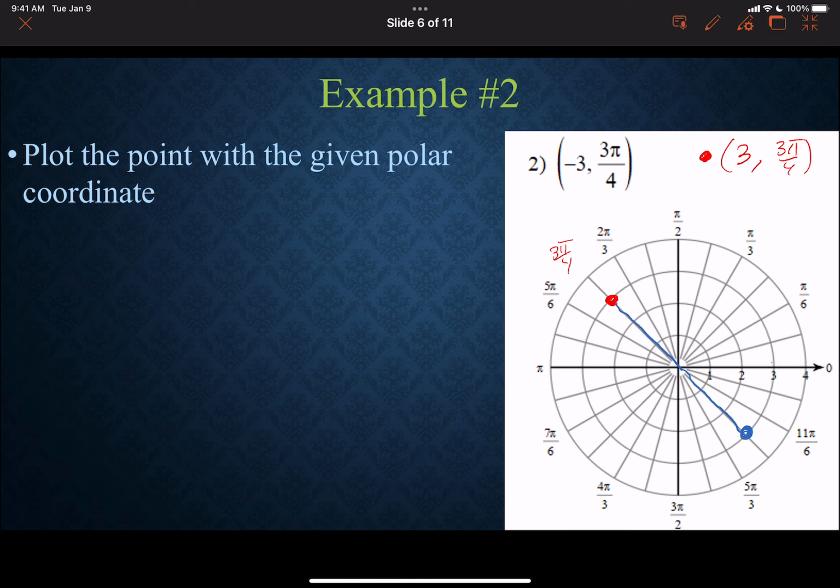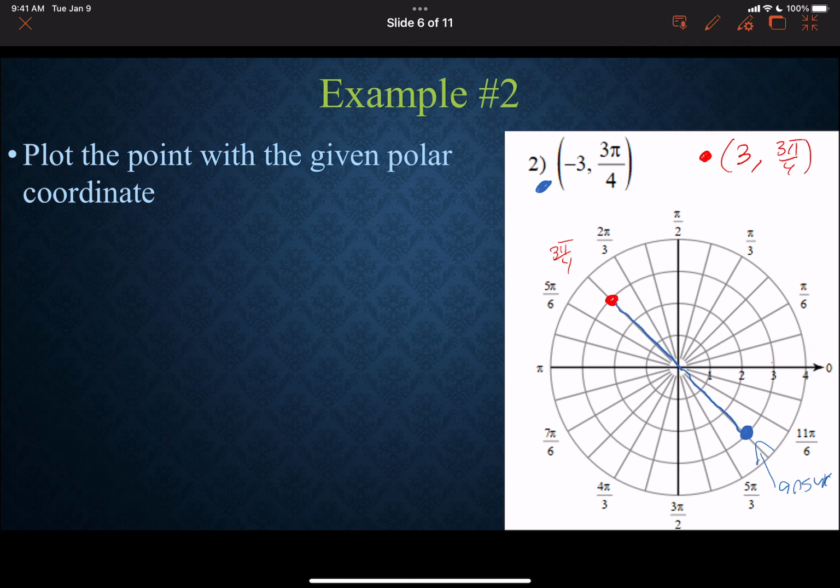And right there, the blue dot, that's the appropriate (-3, 3π/4). So what you're doing is you just find where it would be as a positive R value and then go across to the opposite quadrant. So if you're in quadrant 1, you'd go across to quadrant 3. Quadrant 2 to 4, 3 to 1, 4 back to 2. So again, that's our answer right there.